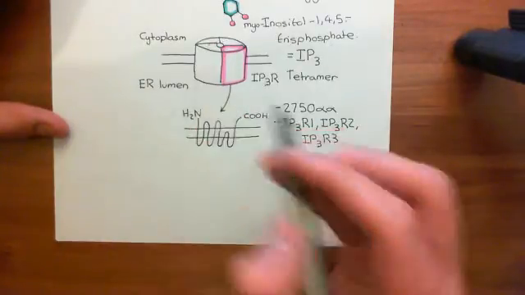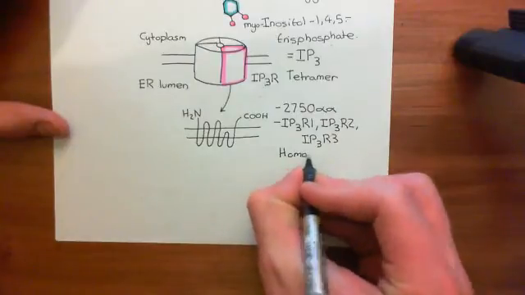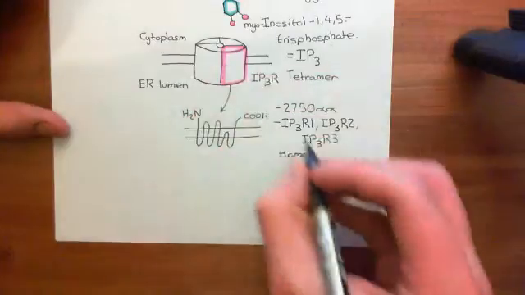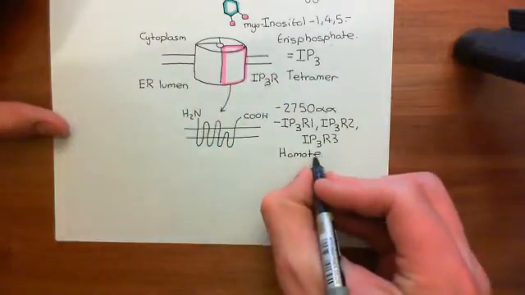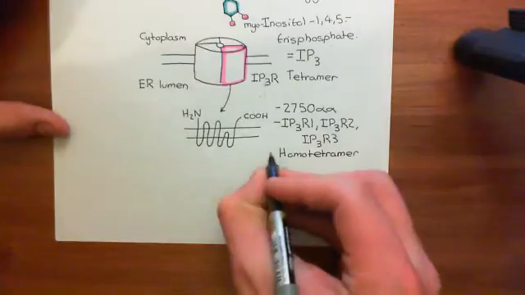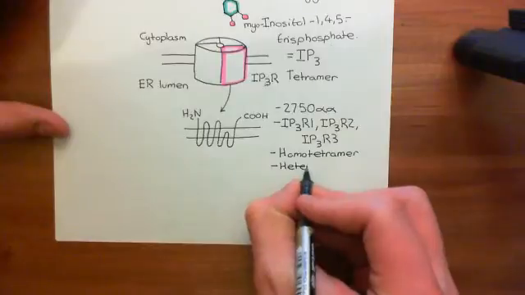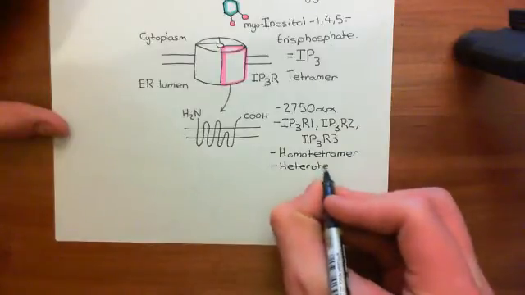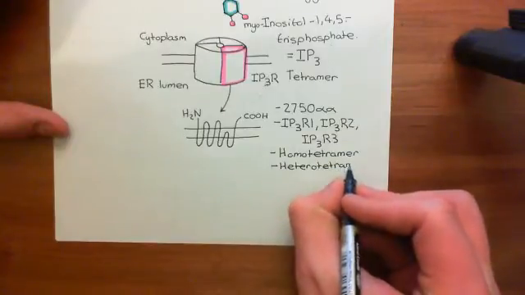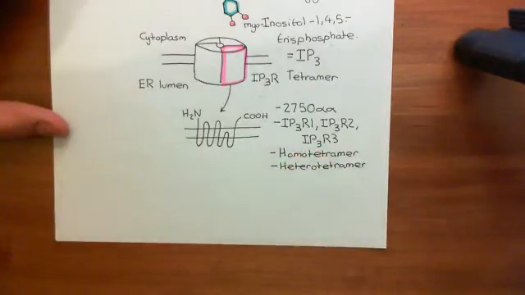Or can you instead build heterotetramers, where you have different IP3 receptor subunits in the same IP3 receptor? You do indeed find homotetramers, but we know that you also find heterotetramers. So there are both homotetrameric and heterotetrameric IP3 receptors, but overall, there are these 3 different subunits.